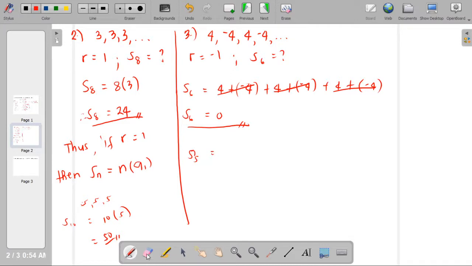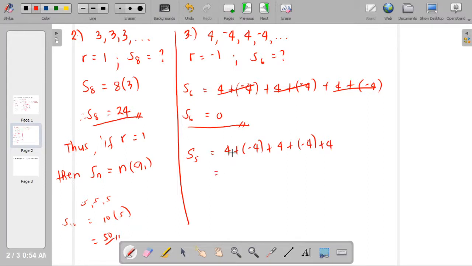So that is 4 plus negative 4 plus 4 plus negative 4 plus 4. 1, 2, 3, 4, 5. 5 terms.